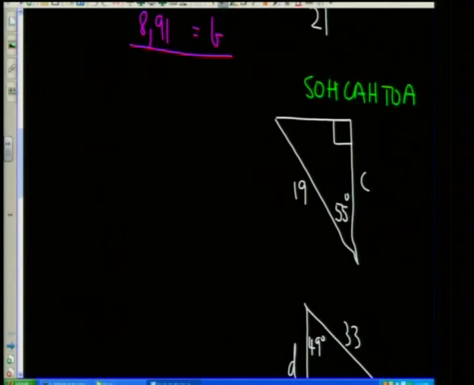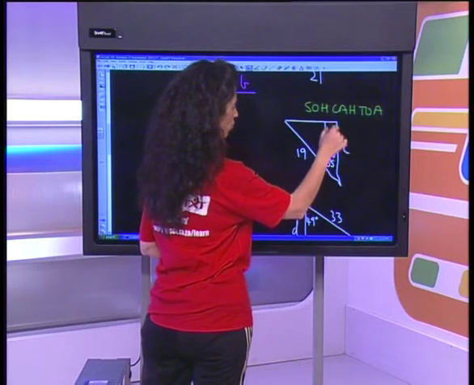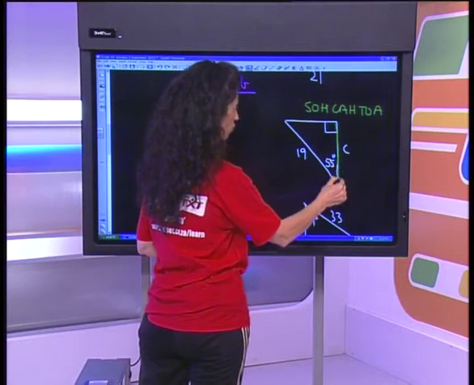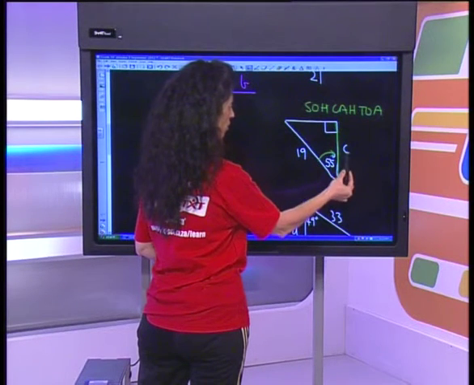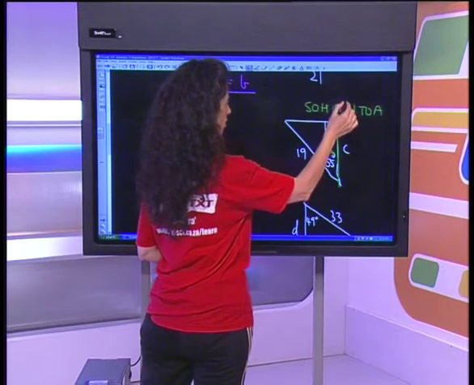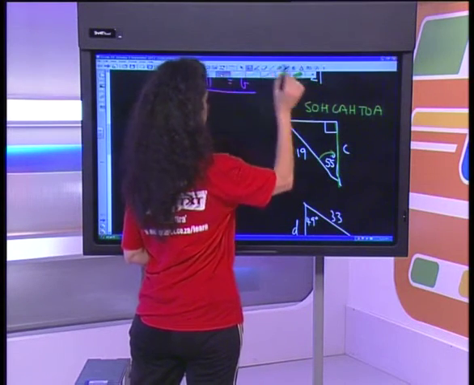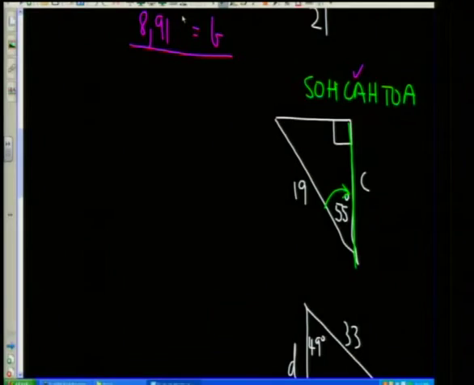So we've got the hypotenuse, so it could be sine or cos, and we've got what's this side in relation to the 55 degrees. It's next to it, so therefore it's adjacent. So to find the adjacent side, we have the hypotenuse, so we have cos there.